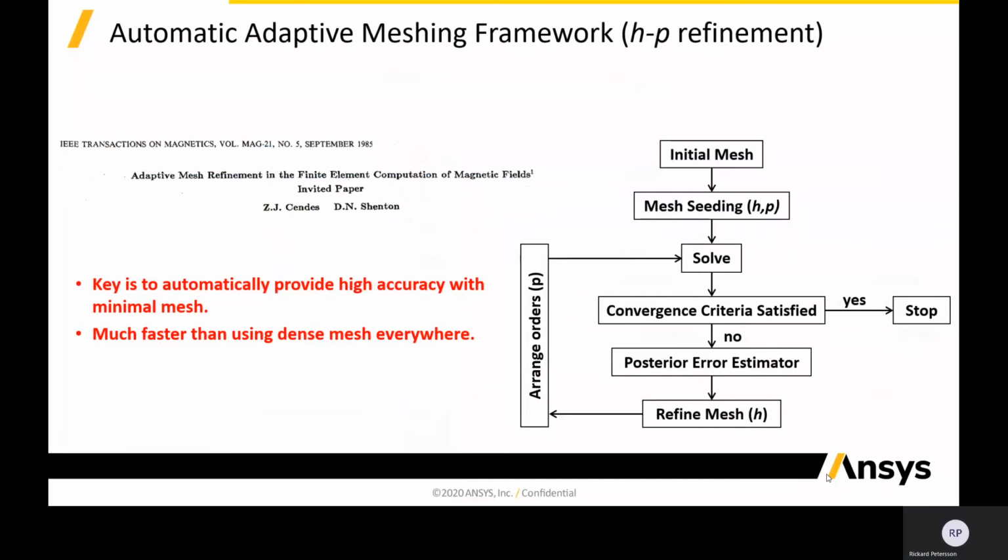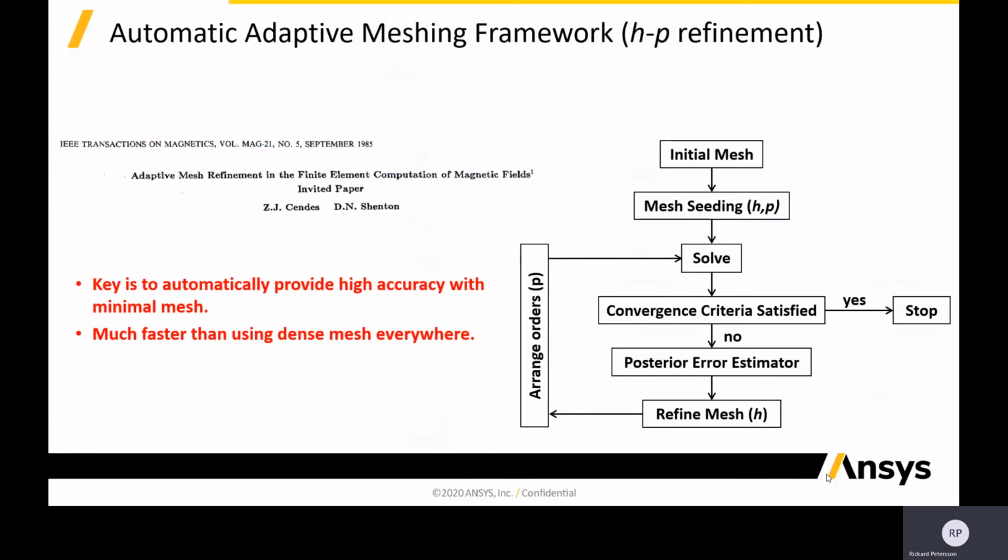So then we compute the errors, and we refine the mesh accordingly. And then we also distribute the orders across the mesh as another type of refinement. Solve again, and now the second time around, we can check the convergence criteria. Has it converged? If it has, we stop. If not, we continue the process until the mesh has converged.